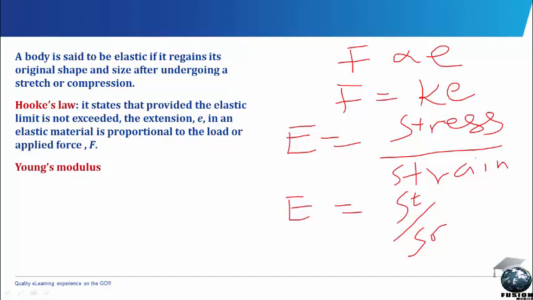Now I would like us to discuss stress and strain. First of all, talking about stress. In definition, we can say that stress is the ratio of the force applied per unit area.